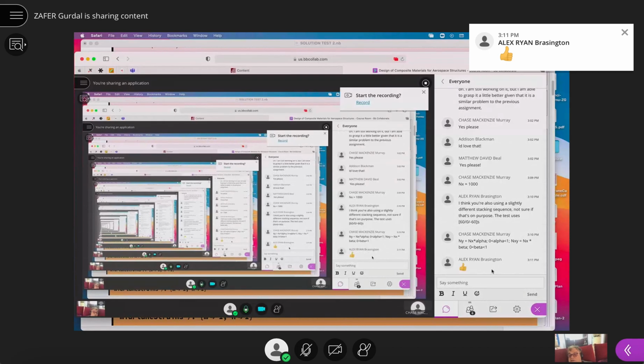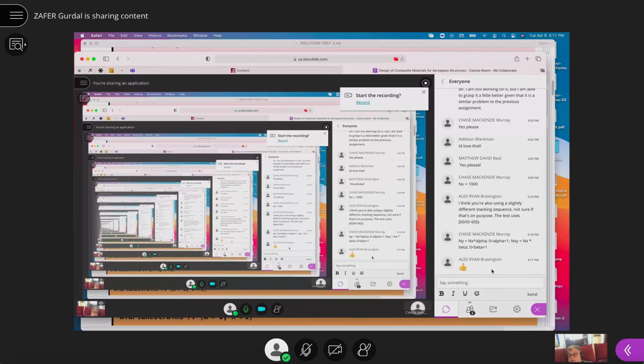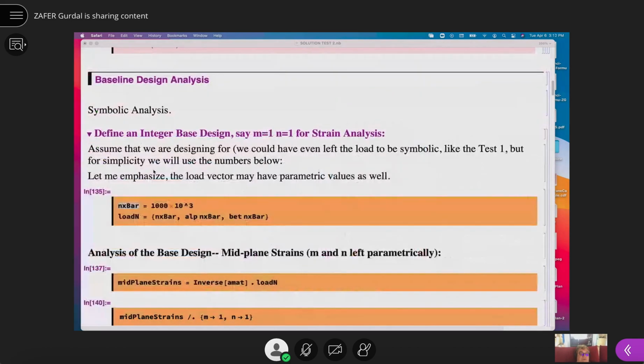Mary says NX, okay, NX, yes, alpha 1, NX, beta times, beta 0, 1. Yes, that's actually what I just discovered. That is very good. So NX bar, we specified it to be 1,000, 10 to the 3. Load NX bar, so that goes in here.